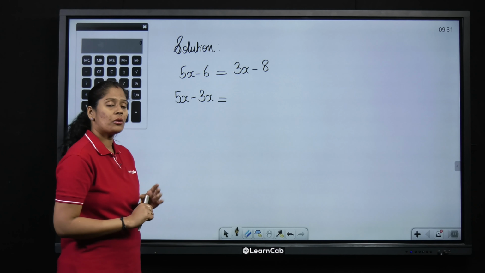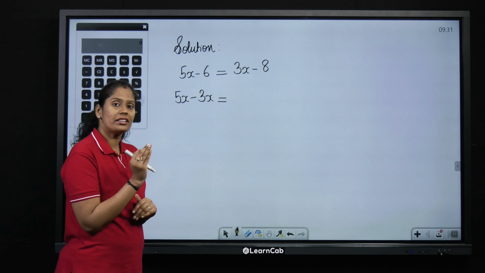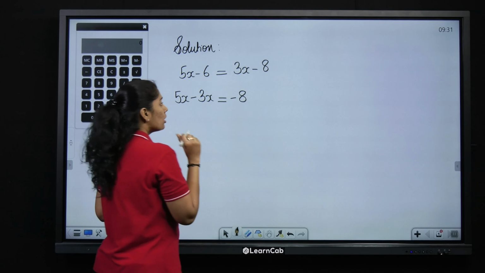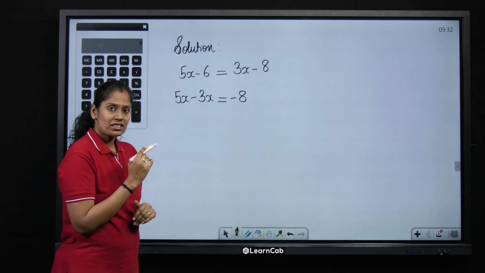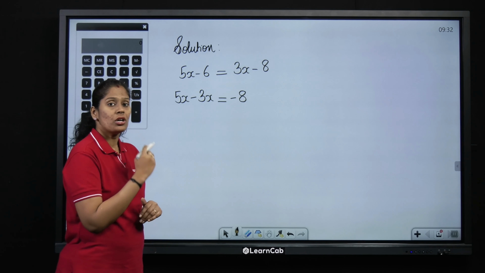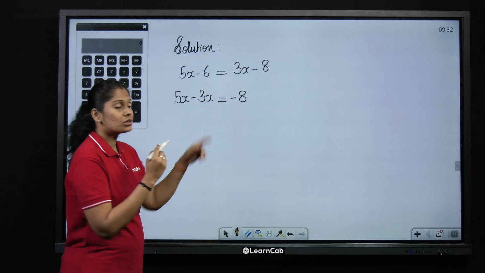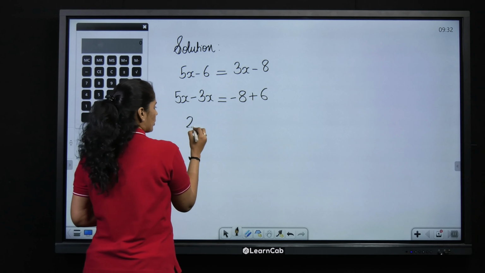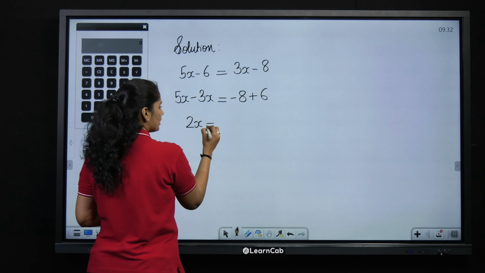equal to, now minus 8 is on the right hand side, so I am going to write it as it is. Minus 6 is on the left hand side, I am going to take it to the right hand side. So minus 6 will become plus 6. So 5x minus 3x is 2x.